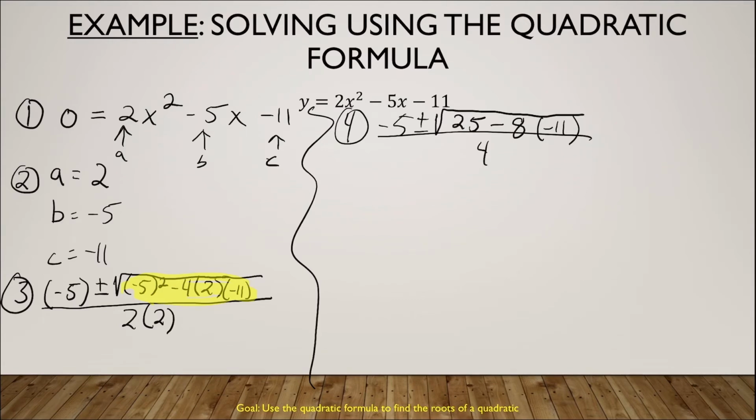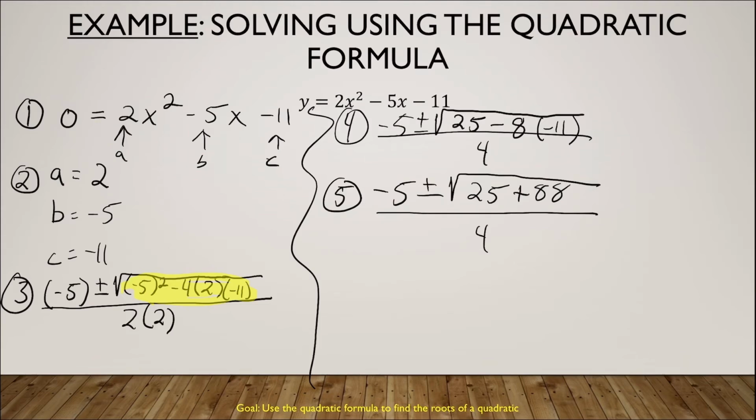Okay, we still have to finish simplifying underneath the radical. I have negative 5 plus or minus the square root of 25. Negative 8 times negative 11 gives me a positive 88, all divided by 4. Next step.